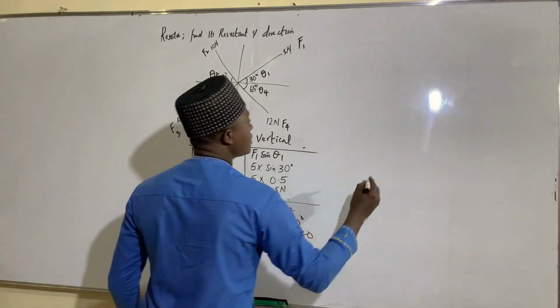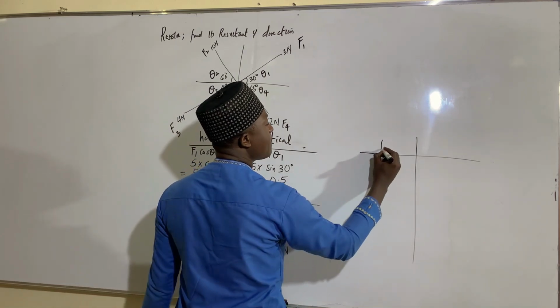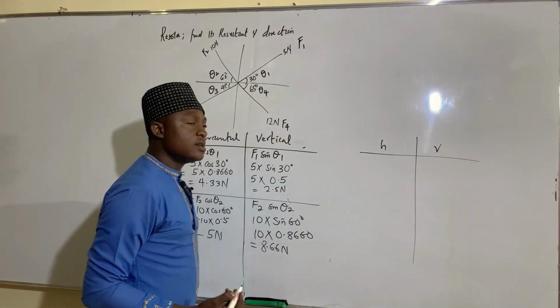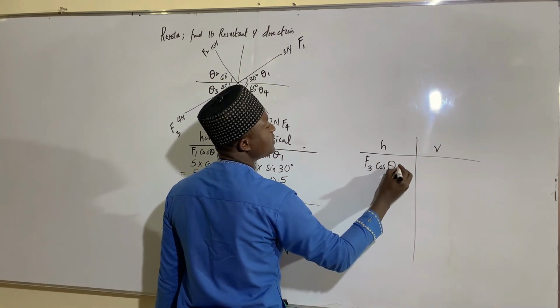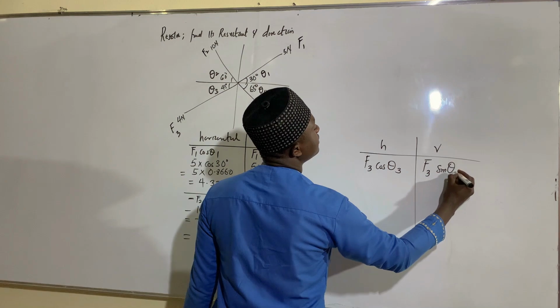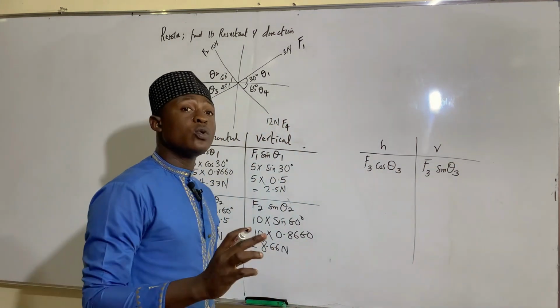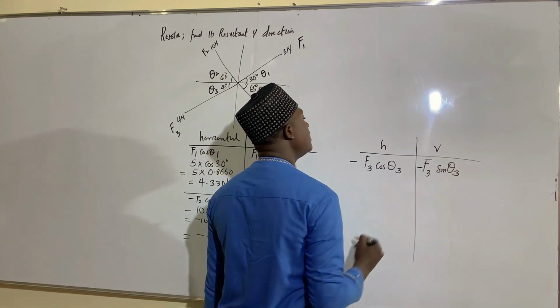So I just continue like that. So the third quadrant for the horizontal, for the vertical, right? So I still have F3 cos theta 3. Then here too we have F3 sin theta 3. But we know in the third quadrant, only tan is positive. That's why we have minus here, and we also have minus here.